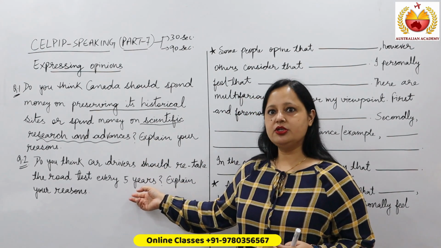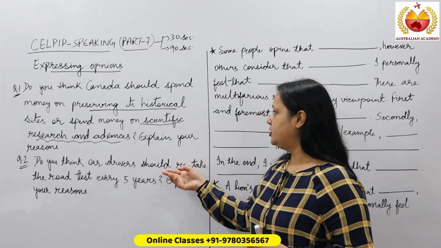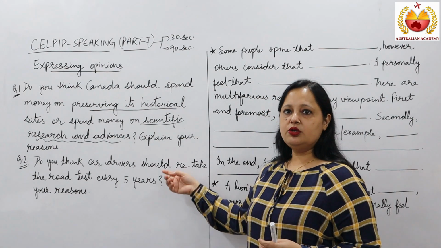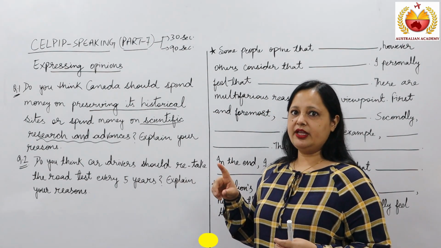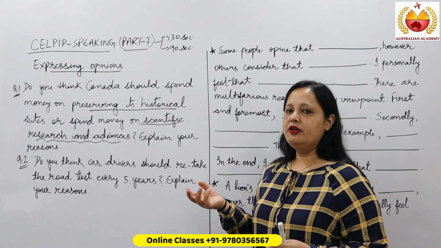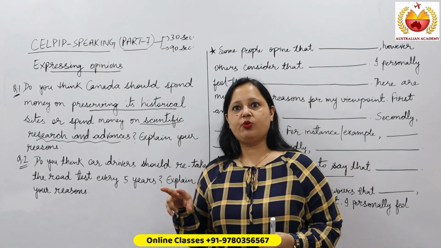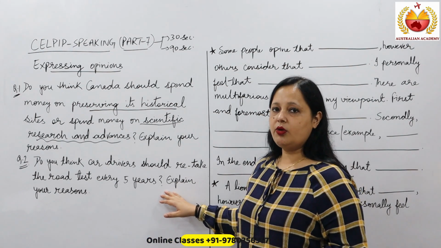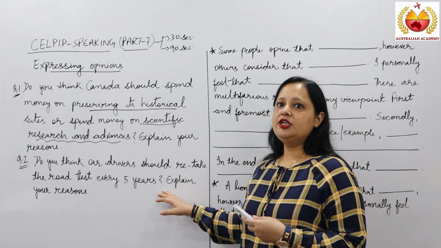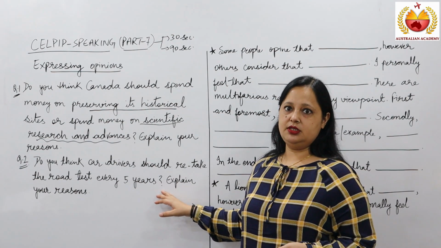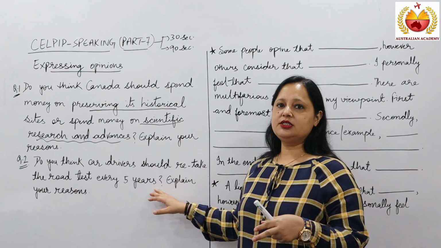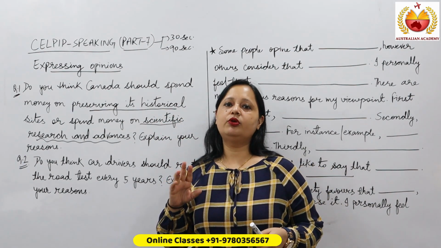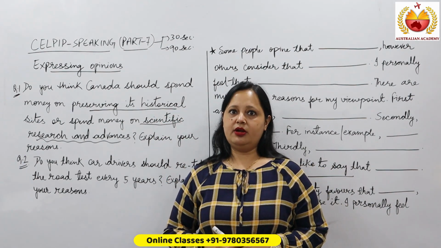The second type of question is like this: do you think car drivers should retake the road test every 5 years? Here we are given only one situation, whether they should retake the test or not. We haven't been given 2 choices to think about separately. Obviously you can say yes, I agree it should take place, and then you have to speak about why.